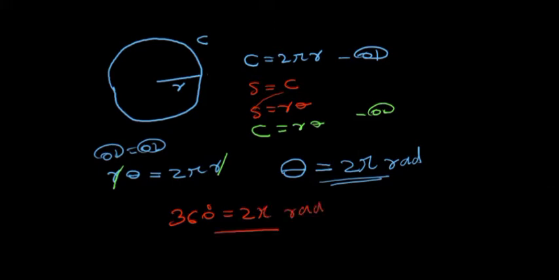Okay. So we can obtain many other results, let me show. If you know that for 360 it is 2 pi, and we divide both by 2, we obtain 180 equals pi.